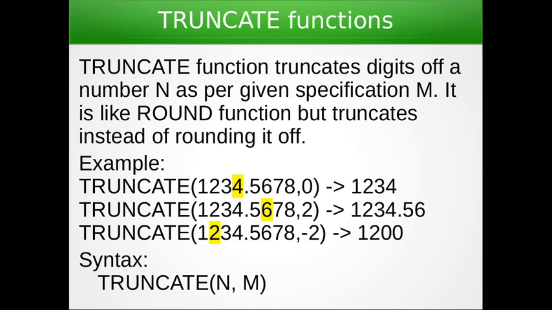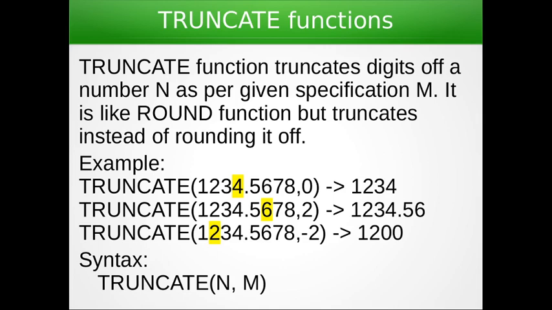Now see the example. In the example we have tried the same number as we discussed in the round function. The number is 1234.5678. First number comma 0. Without rounding off the number you will get in the output 1234.